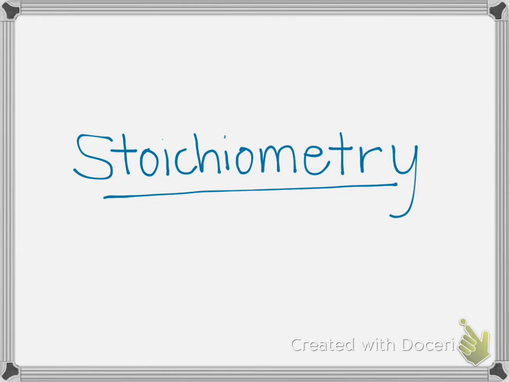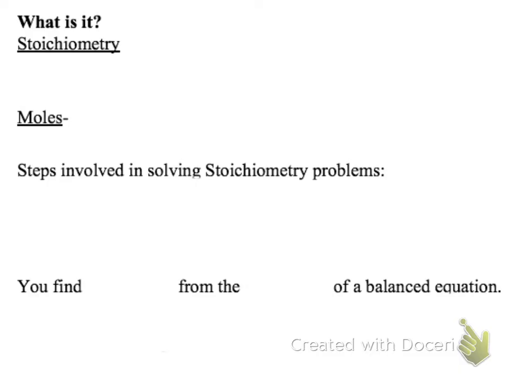Alright, so this whole unit is going to be on something called stoichiometry, and this is not entirely something new. This is using the train tracks or the conversions that you learned first semester, and we're just going to be taking it a little further and using it with our chemical reactions. So just follow along with your packet. What is it?